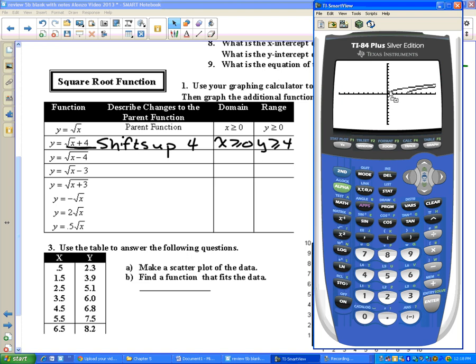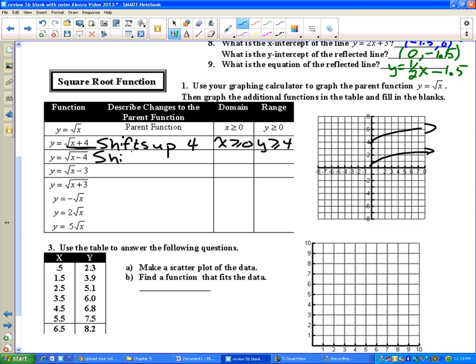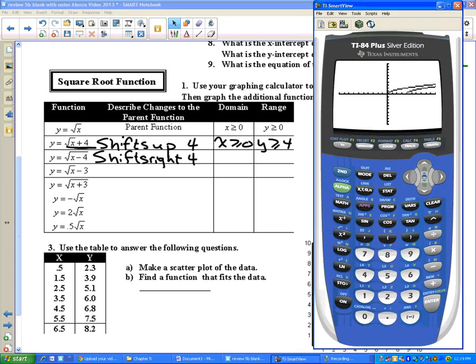That's the parent function. That's minus 4. Notice my original point here has shifted 4 to the right. So x minus 4 shifts right 4. I want to see what this does to my domain and range. Since it's shifting right, I know that it's going to change my x.